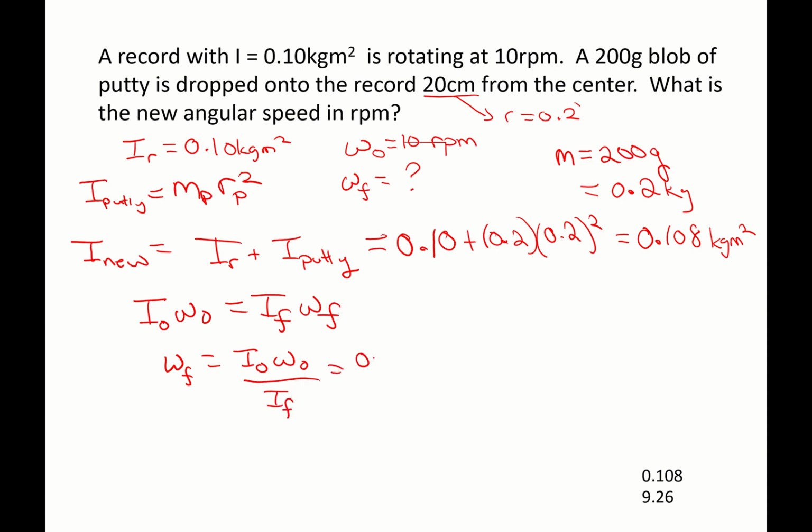So we've got 0.1 times 10 divided by 0.108, and I get 9.26, and to two significant figures that would be 9.3, and the units are going to be the same as for omega initial, RPM. So I increased the moment of inertia slightly, and the angular speed decreased.